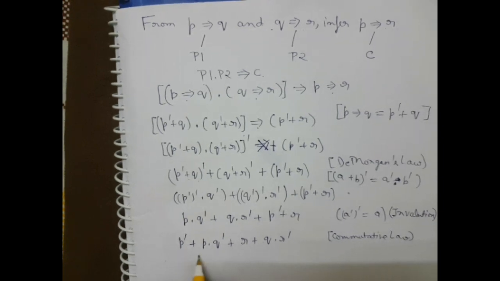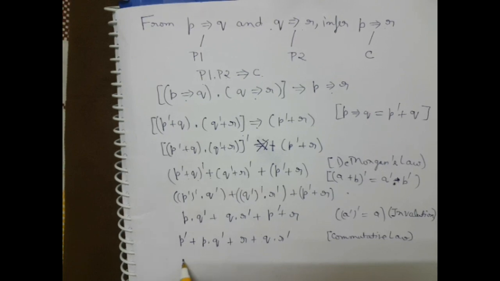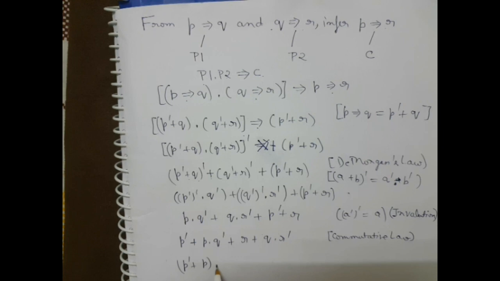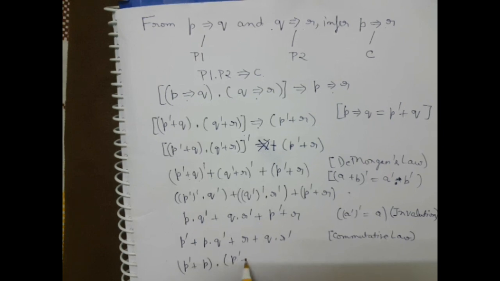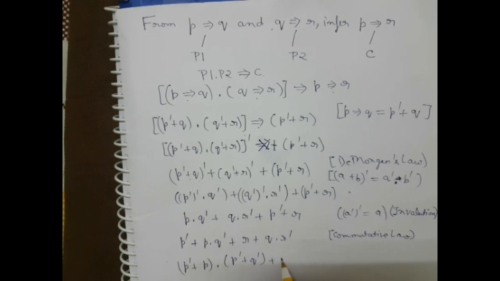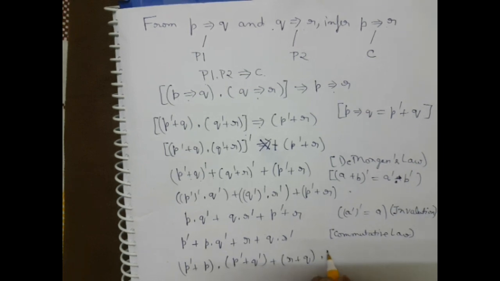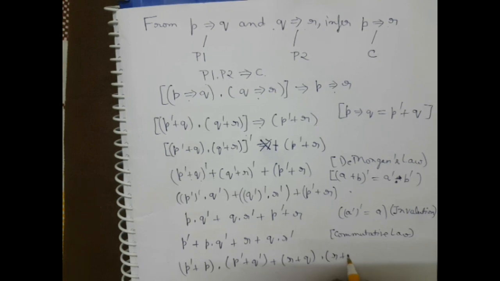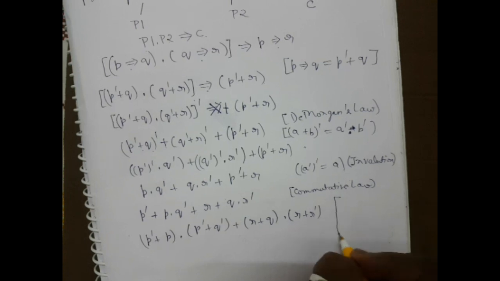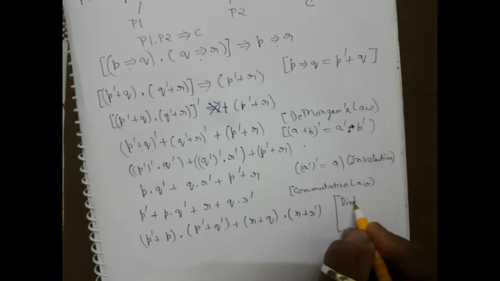Now here, what do we do? We have the distributive law. So P dash plus P dot P dash plus Q dash, and here also we can do R plus Q dot R plus R dash. What is the distributive law?